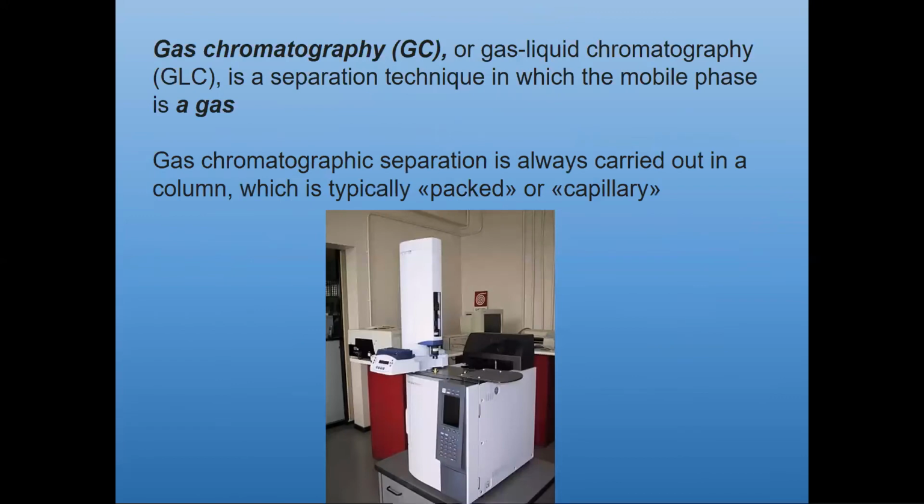Gas chromatography, or gas-liquid chromatography, is a separation technique in which the mobile phase is a gas. Gas chromatographic separation is always carried out in a column, which is typically packed or capillary.